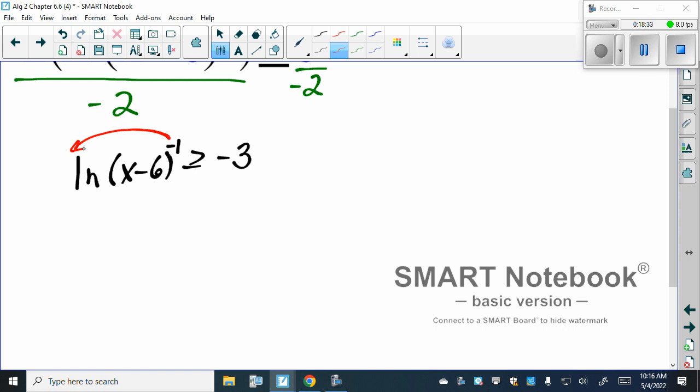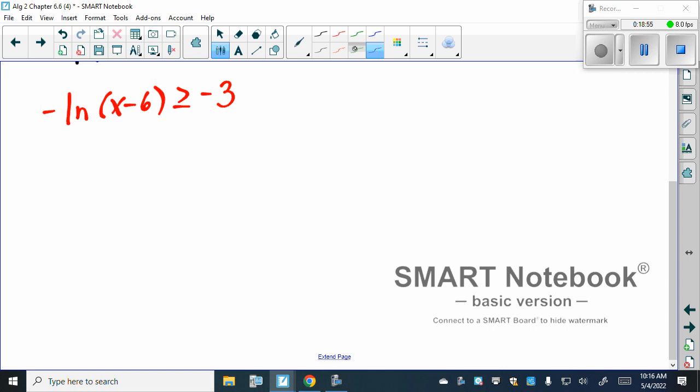Almost. I'd throw that negative 1 out there. Since it's applied to the x minus 6, it's not applied to the natural log, which is going to make this negative ln of x minus 6 greater than or equal to negative 3.